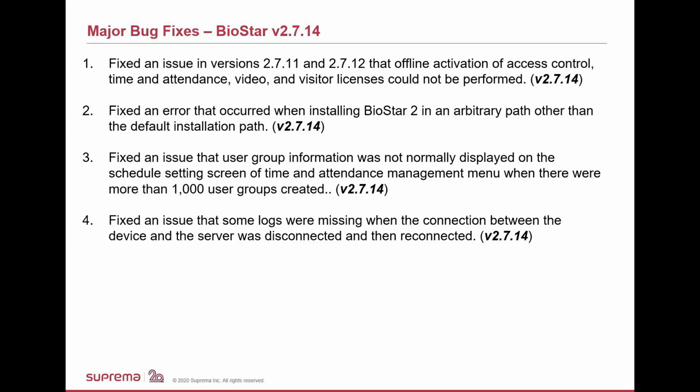We fixed an issue where user group information was not normally displayed on the schedule setting screen of the time and attendance management menu when there were more than 1,000 user groups created. We fixed an issue where some logs were missing when the connection between the device and the server was disconnected and then reconnected.